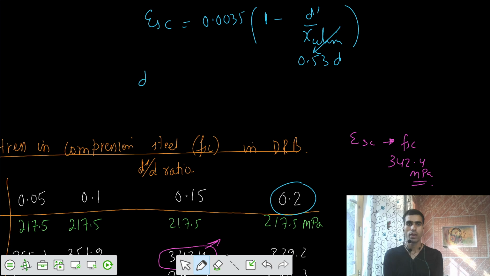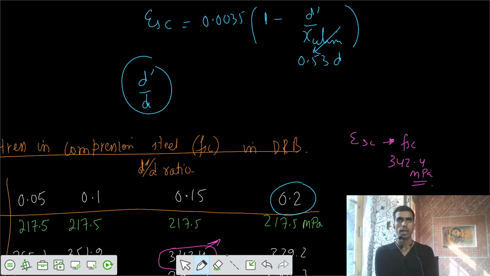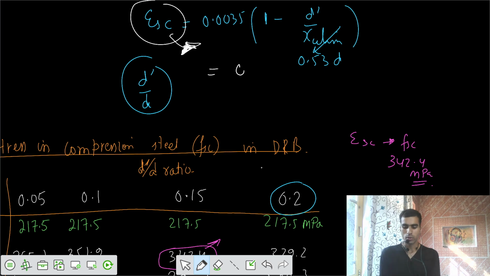If we substitute that value of d dash by d, even for the minimum strain in compression steel for a mild steel case, your strain comes out to be 0.00218 at the ratio of 0.2.